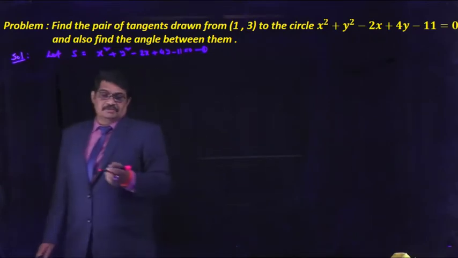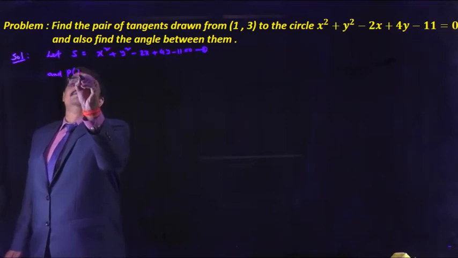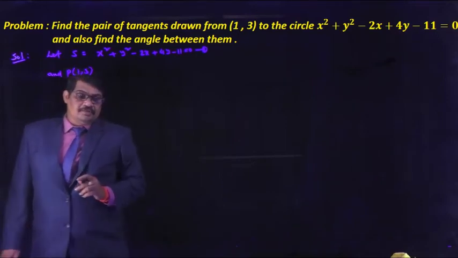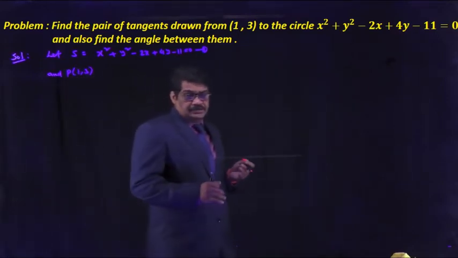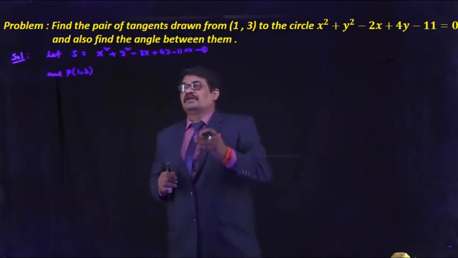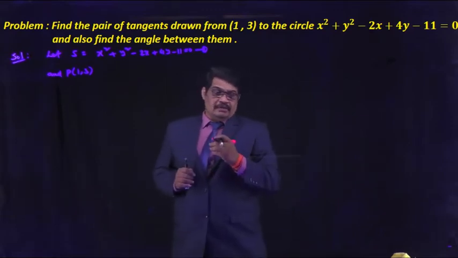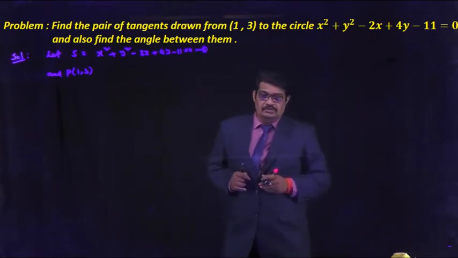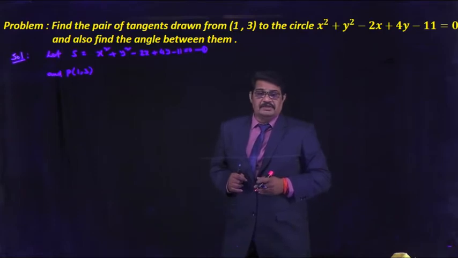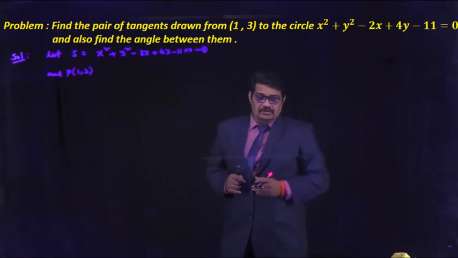And the given point we take as P, that is the point 1 comma 3. The given point is 1 comma 3, and the given circle is x square plus y square minus 2x plus 4y minus 11 is equal to 0. Now we are writing the pair of tangents from 1 comma 3 to the circle S is equal to 0.